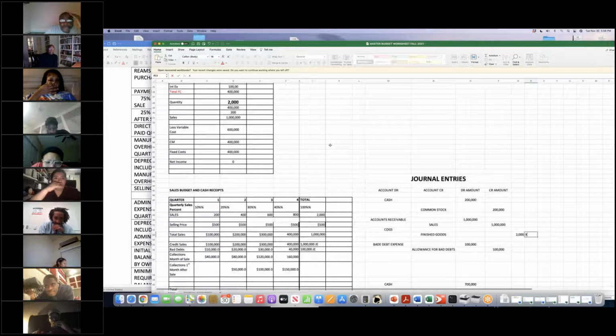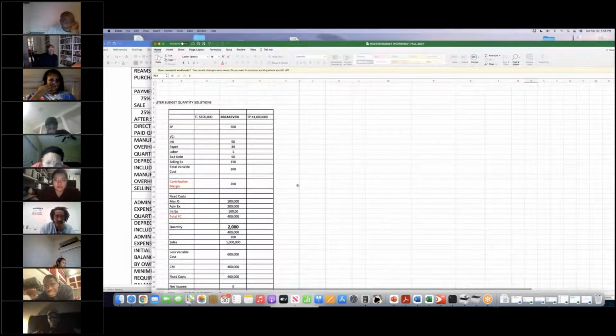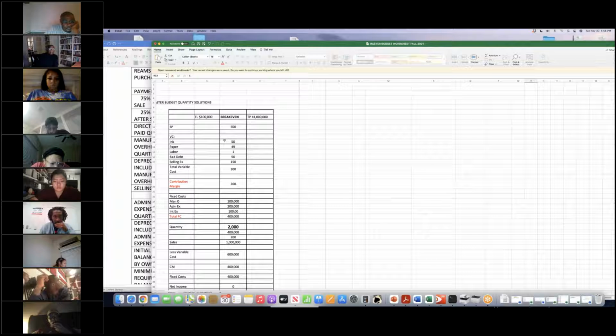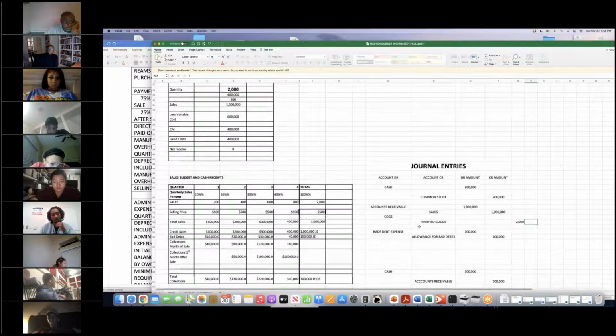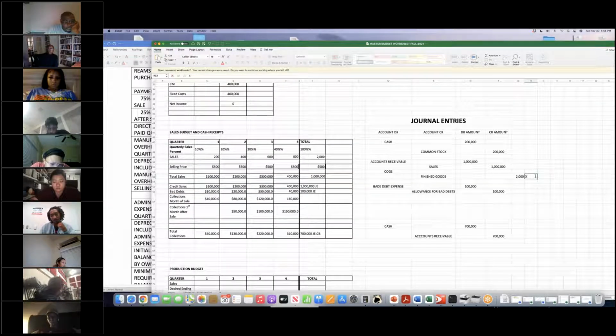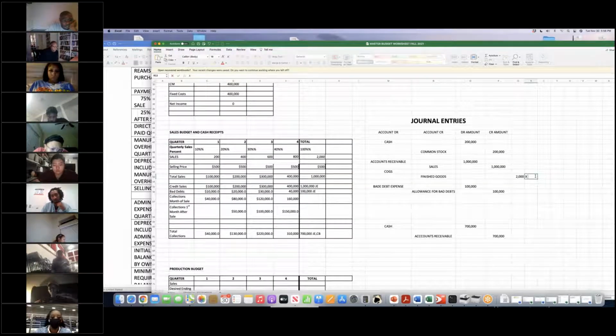Our product variable cost. The total variable cost is 300, but the product costs are ink, paper, and labor. So that's what we're going to use in this journal entry, the 100.